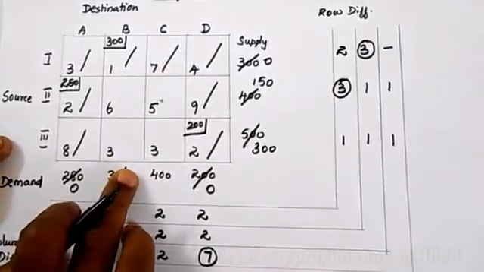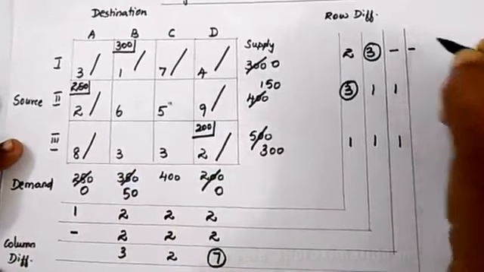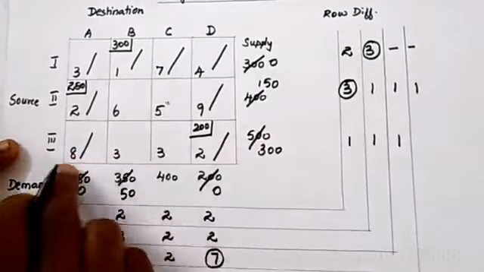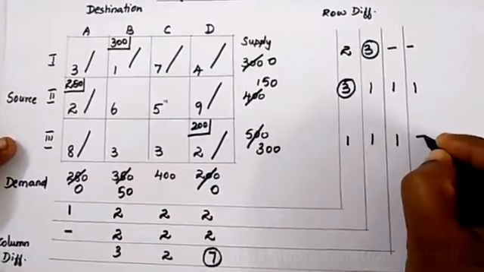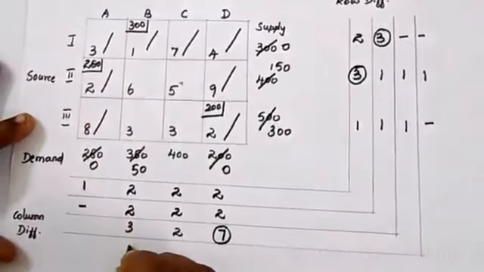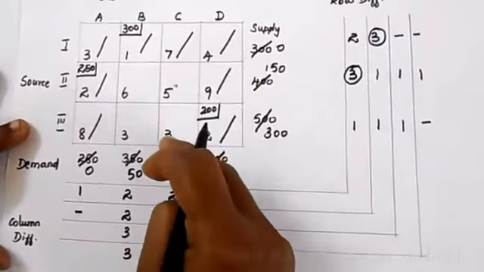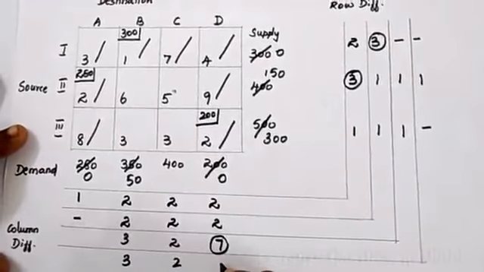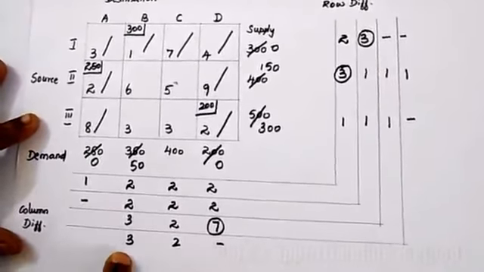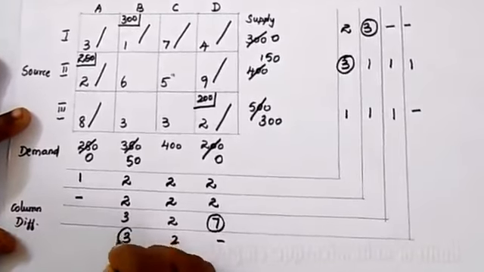Again you have to find out row difference and column difference. For this row, 5 and 6, difference 1. For this row, 3, 3, nil. And for this column, 3, 6, 3 difference. For this column, 3, 5, 2 is the difference. Among these penalties, which is the highest value? 3.